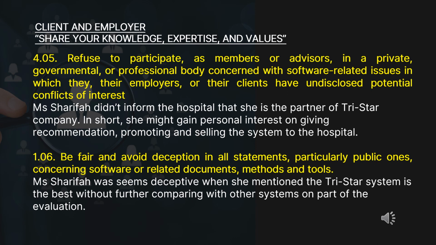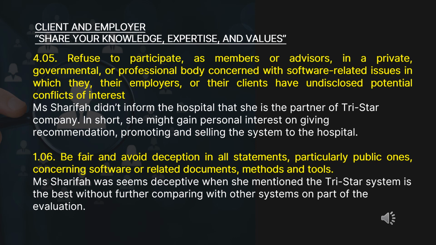So in short, Ms. Sharifah didn't inform the hospital that she is part of the TriStar company. She might gain personal interest on giving recommendation, promoting and selling the system to the hospital.